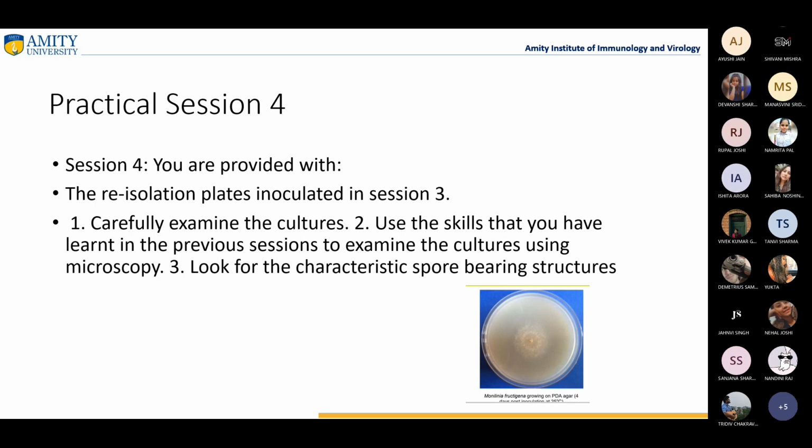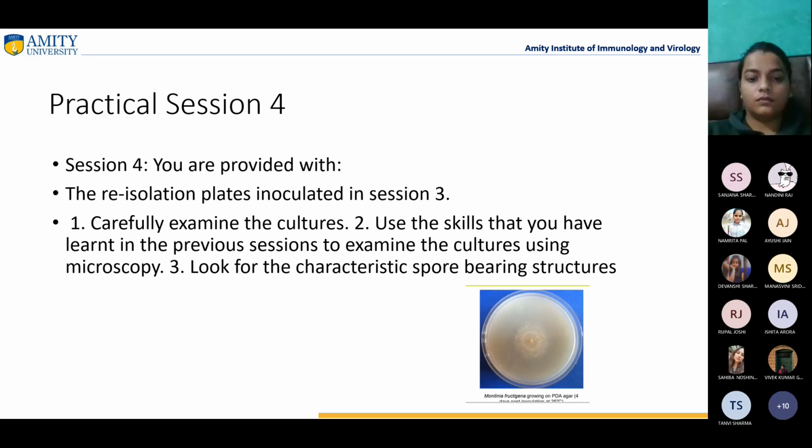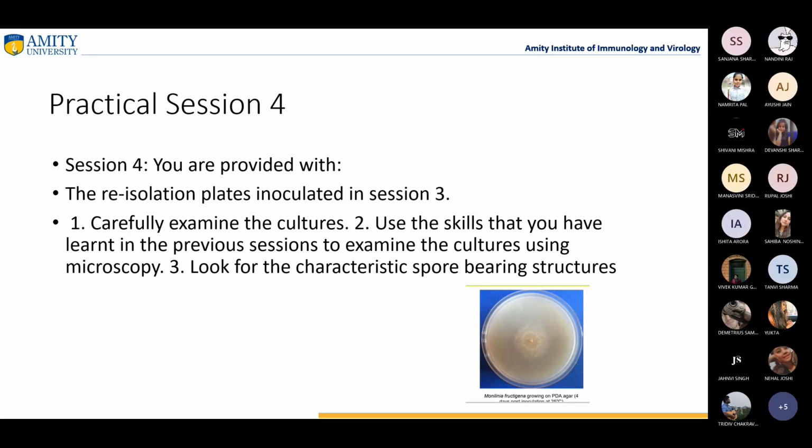Rupal, Sahiba, Sanjana, present, ma'am. Shakti, Shivani, Tanvi, present, ma'am. Tridiv, Vivek, present, ma'am. Yuvraj, present, ma'am. Okay, so please make your practical files ready, and tomorrow we'll have one discussion session, right? Thank you, ma'am.